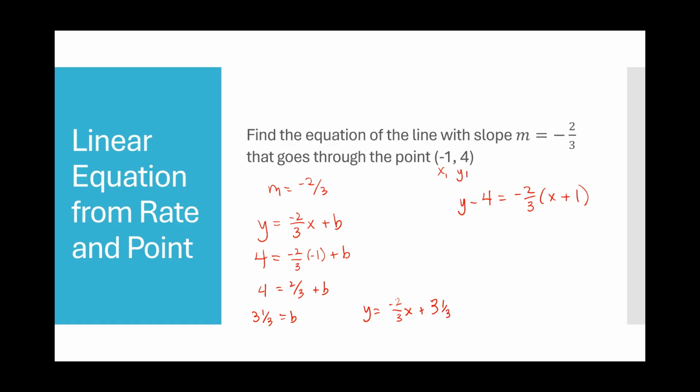Using mixed numbers, even though I honestly hate them, but sometimes it's easy to see. We could also distribute this guy out to turn it into slope intercept form if you prefer. So you can always interchange between these pretty easily, whatever is easiest for you.